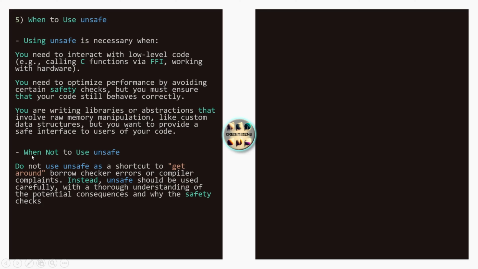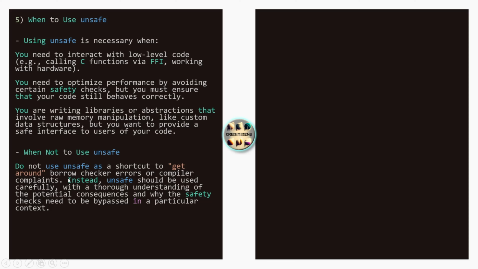When not to use unsafe. Okay? This is me, I'm not going to use it. Do not use unsafe as a shortcut to get around borrow checker errors or compiler complaints. So do not play the hacker.